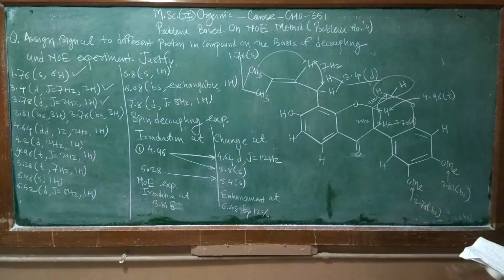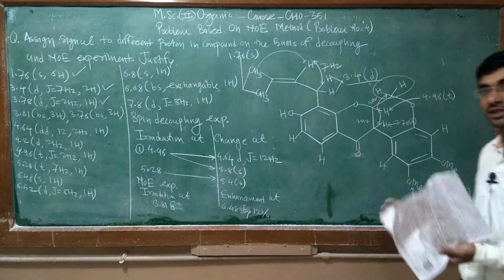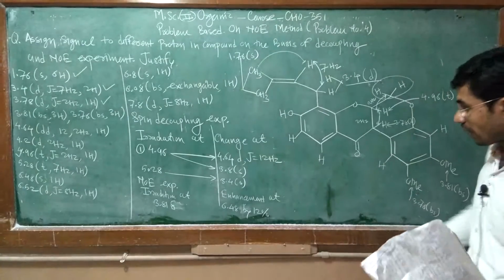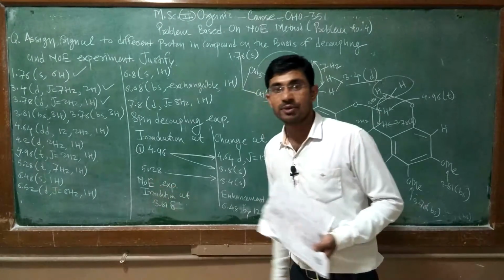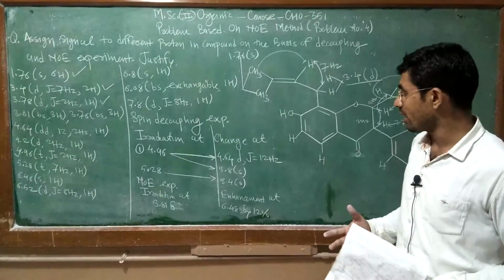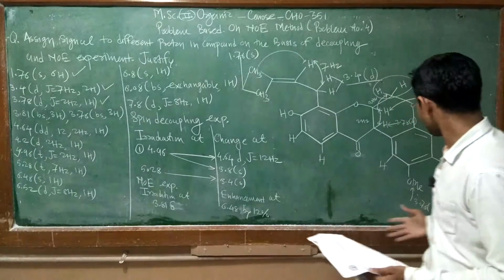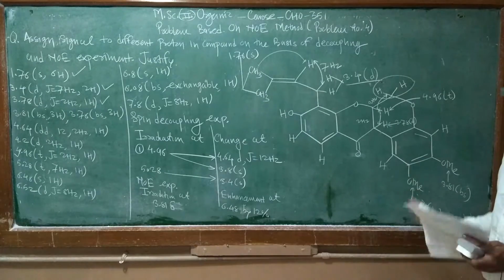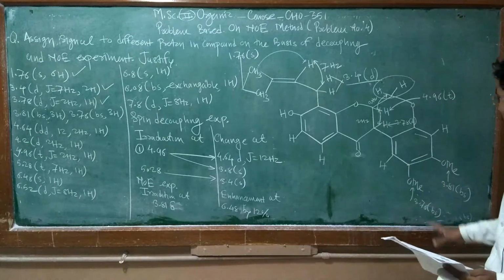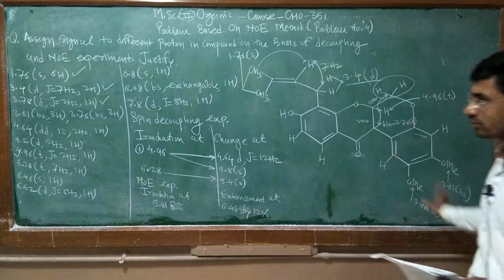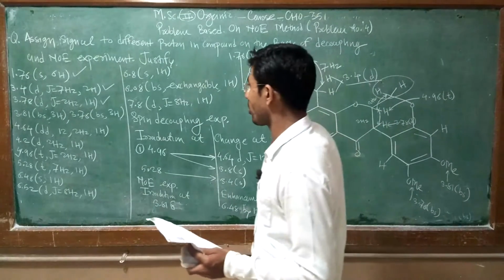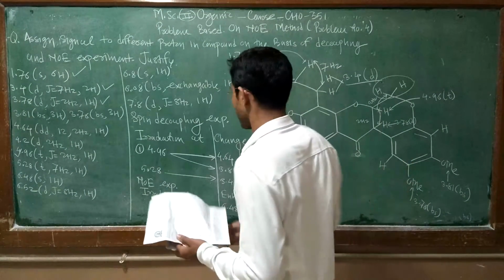In this way we can assign the signals to these methoxy groups. We can interchange these values also, but after the NOE experiment we can confirm whether our assignment of signal is correct or not. So we assign here, suppose, 3.81 broad singlet and 3.76 broad singlet.